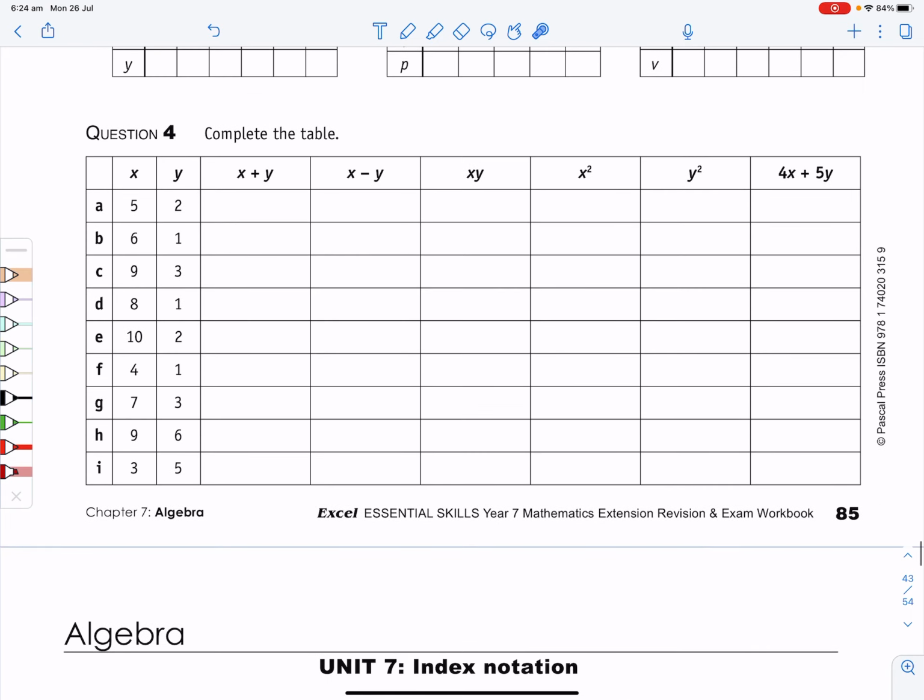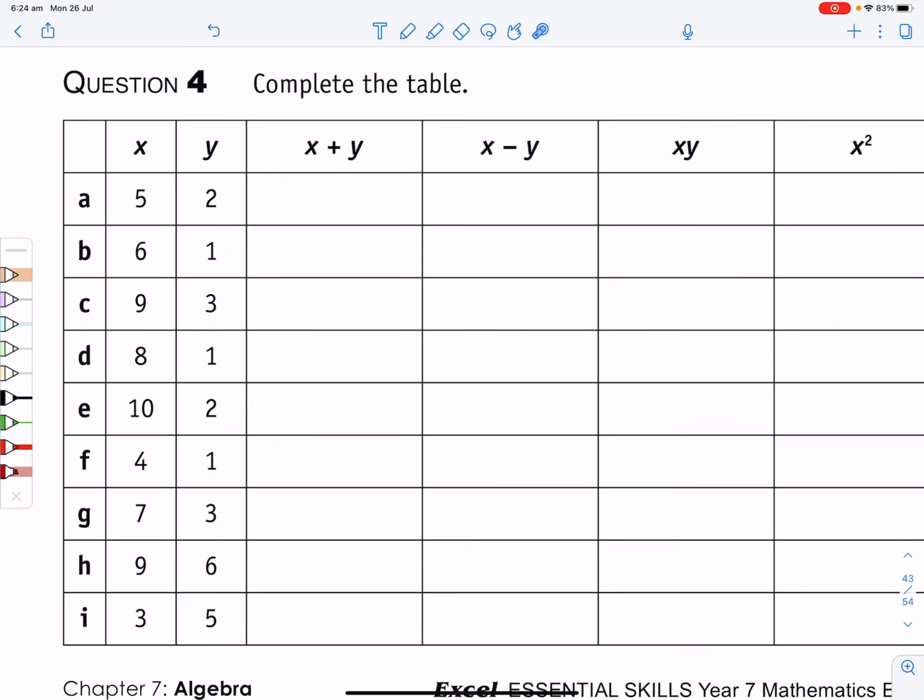Moving on now to question 4. You can see this is a big table, and in question 4a, we've been given x and y. And now we've been asked to find x plus y. Well, that's easy. X plus y, which is 7. Now we've been asked to find x minus y. Well, that's easy.